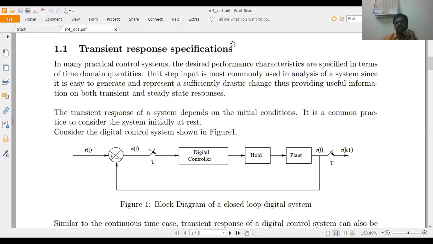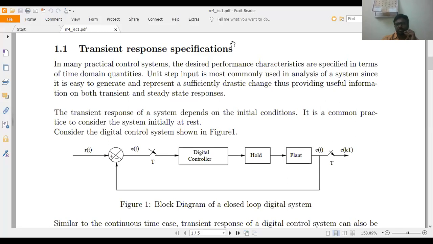While talking about practical control systems, we consider that the system is initially at rest.